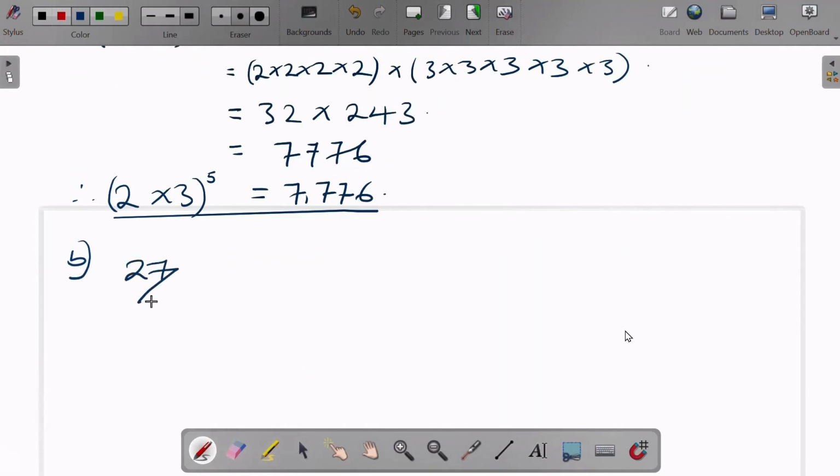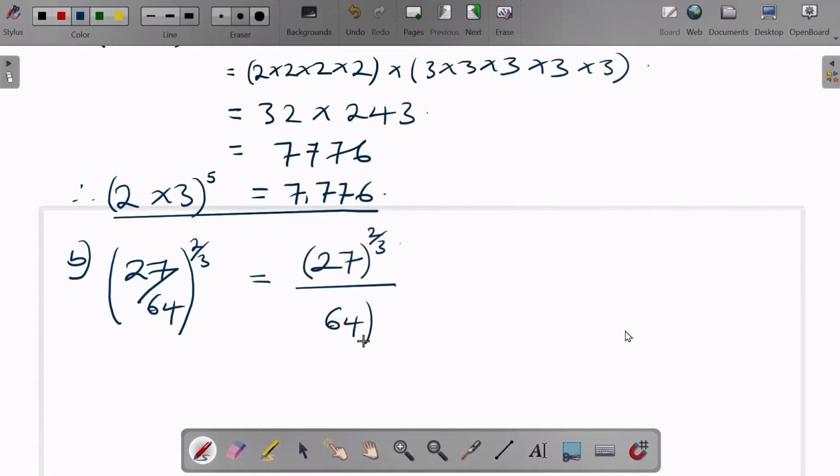You can have part B. You have 27 divided by 64, but the whole of it raised to the power 2 out of 3. This is the same as having 27 raised to the power 2 out of 3 divided by 64 raised to the power 2 out of 3.